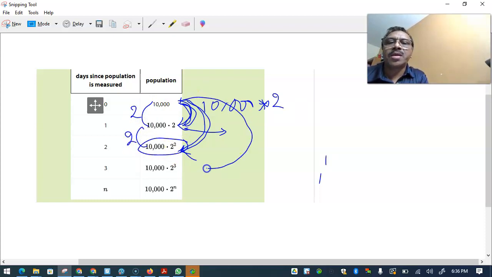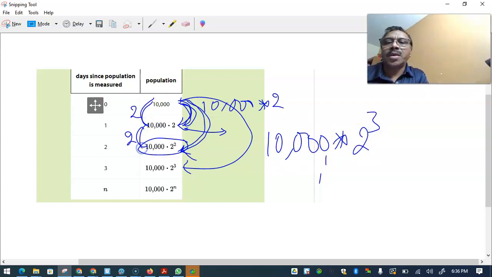Now from here to here, you'll see it is 10,000 times 2 raised to 3, because you're multiplying 2, 2, and one other 2. So the factor you're multiplying, 2, is multiplied 3 times. And likewise, you can go on like this: 4, then 5.